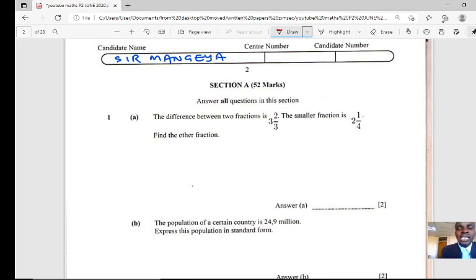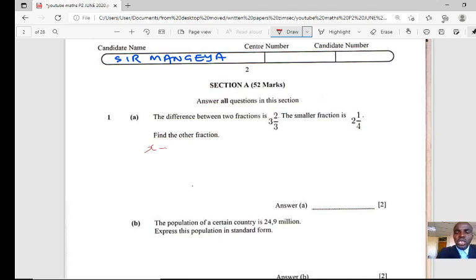Let me use X. If I say the bigger fraction is X, then it will mean X minus the smaller fraction. Now the smaller fraction is 2 1/4, but I don't have to use it like this. It's a problem. I have to run away from mixed numbers and convert that one to an improper fraction. It will be better that way.